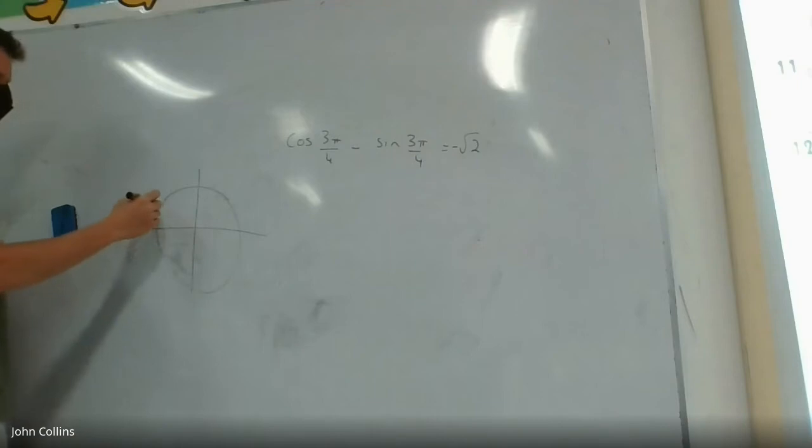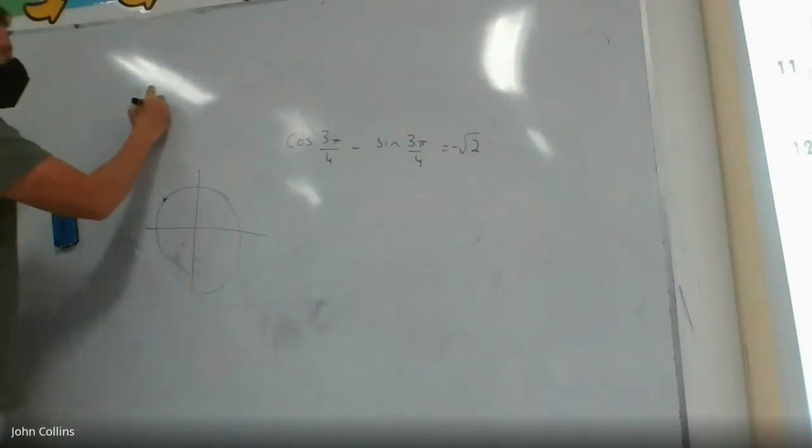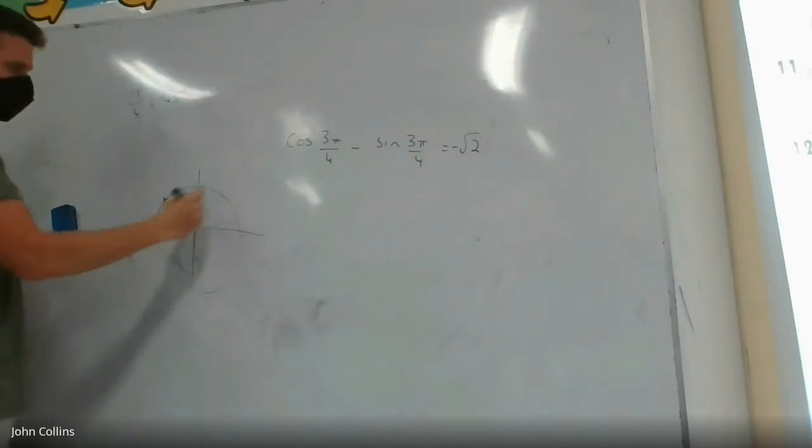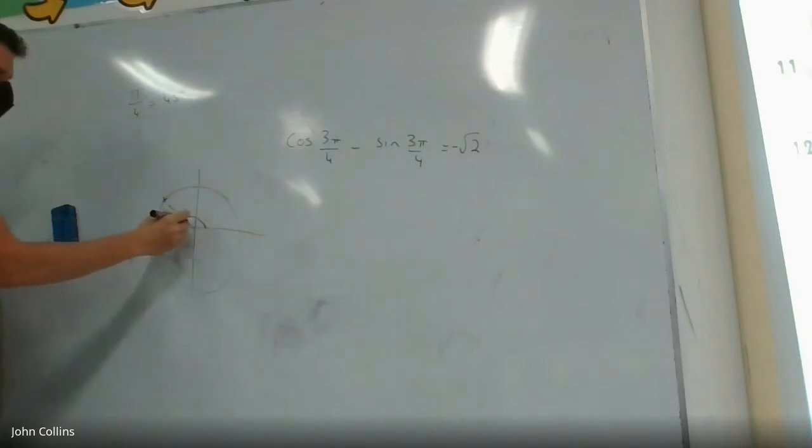Somewhere here, so 3 pi over 4 will be sitting there. A reference angle. Well, pi over 4 is what in degrees? 45. Pi over 4 is 45 degrees. Okay, so that's there. That means 3 pi over 4 is 135 degrees.